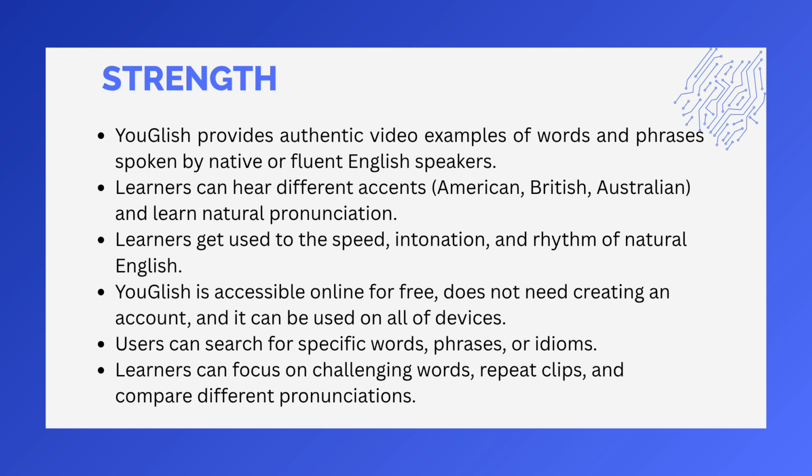Learners also get used to the speed, intonation, and rhythm of natural English. YouGlish is accessible online for free, does not need creating an account, and it can be used on all devices. Next, users can search for specific words, phrases, or idioms. And the last is learners can focus on challenging words, repeat clips, and compare different pronunciation.